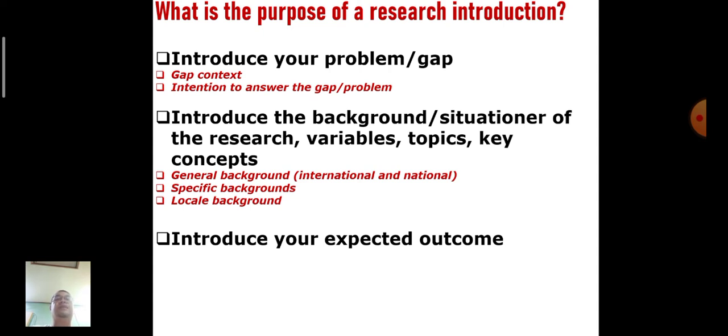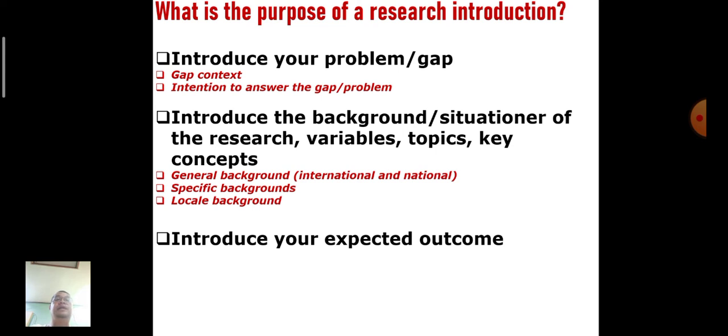Then you have specific backgrounds. It depends on which variables or concepts you will be using. Then you also have the local background, which means you have to contextualize, because when you do this research, you have a certain scope or the territory that you are using for this research. So you have to contextualize it in the local background.